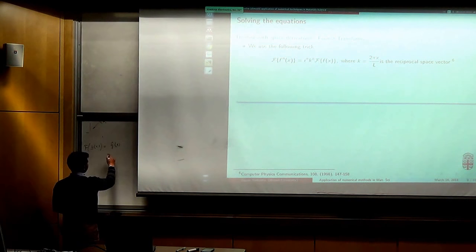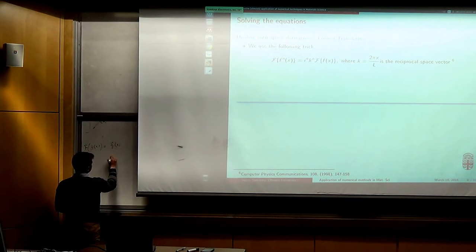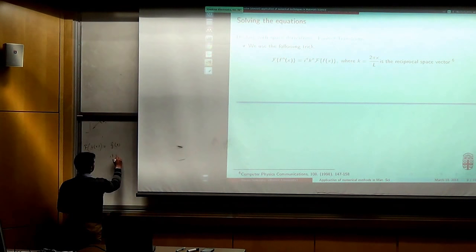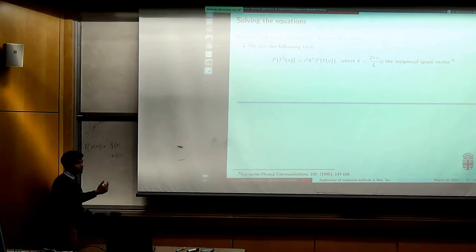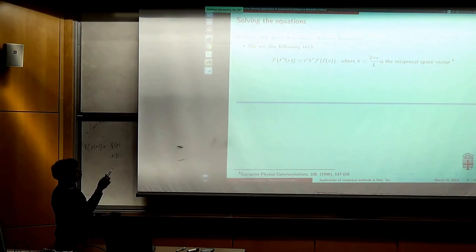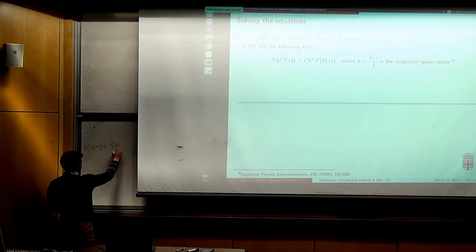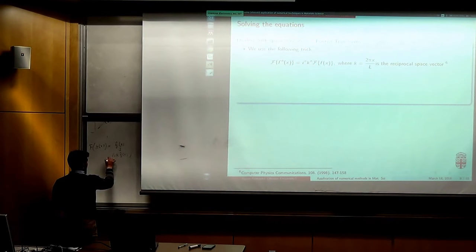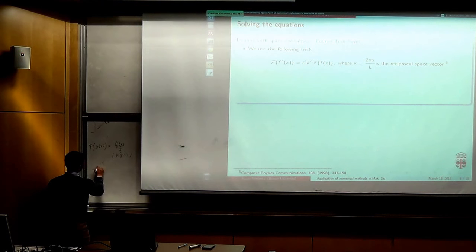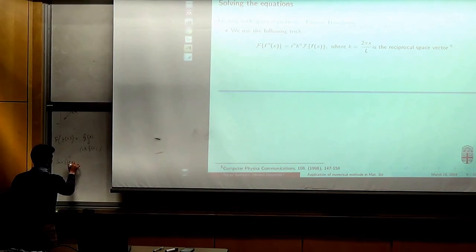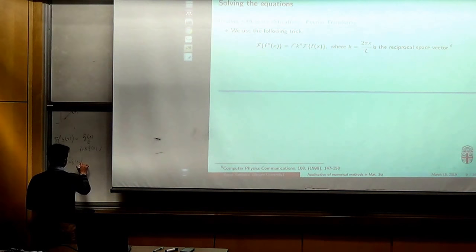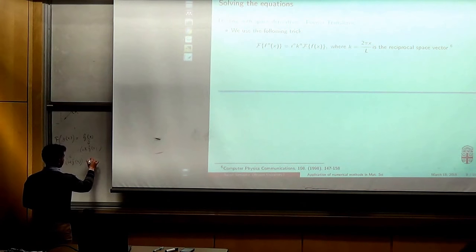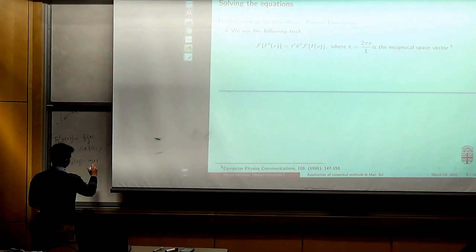Now, if we multiply g cap of x with i k, where k is given by 2 pi x by L, technically known as a reciprocal space vector, and then do an inverse Fourier transform of i k g cap of x, we get another function, m of x.